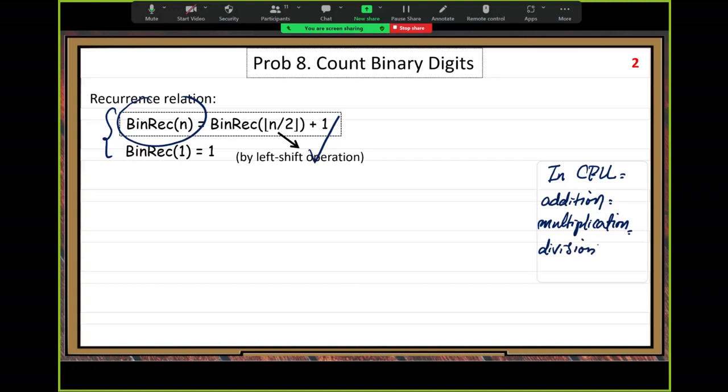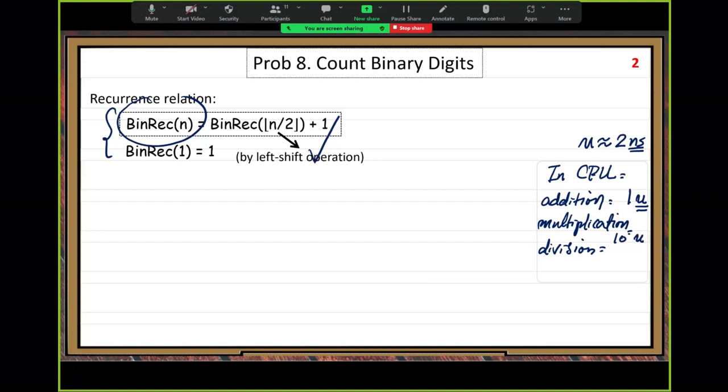We only look at these 3 operations. Addition uses 1 unit, a certain number of nanoseconds, approximately 2 nanoseconds, so that U is approximately 2 nanoseconds. Multiplication needs approximately 10 units.